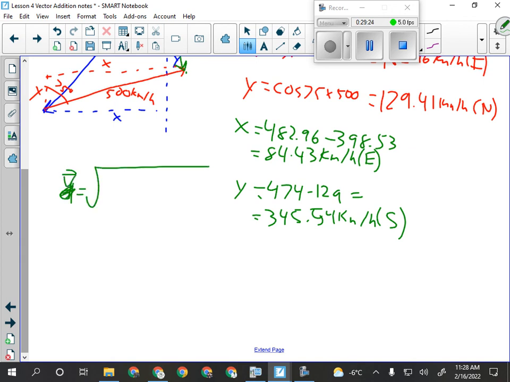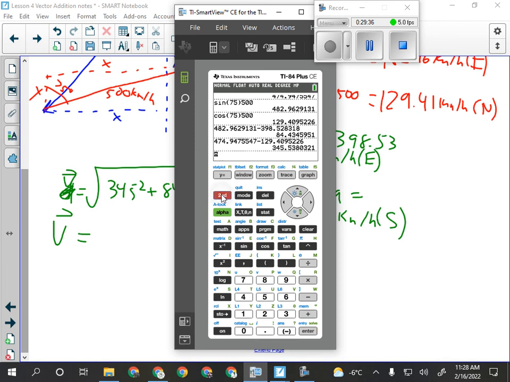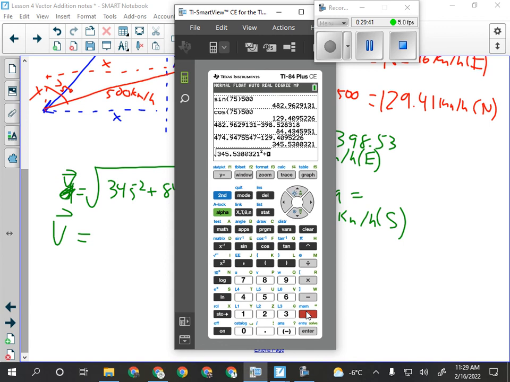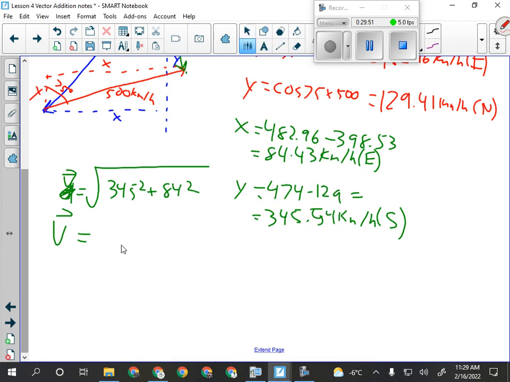Okay, now that I've got those, now I can find the magnitude of my overall, it's not displacement this time, it's velocity. Okay, so that's going to be 345 squared plus 84 squared. All right, so we're looking at 355.70 kilometers per hour. Okay, and then we gotta find theta.